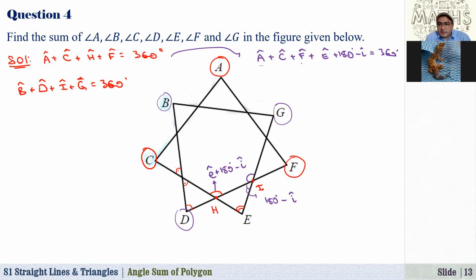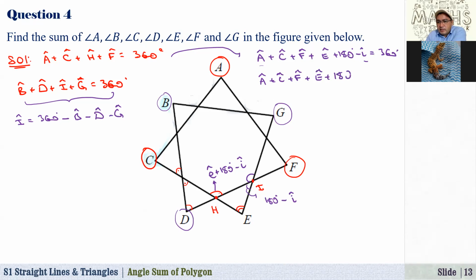And now I have ACFE, right? What is I? As you hear from this equation, angle I is equal to 360 minus angle B minus angle D minus angle G. So if you substitute there, because of this minus, what we have here is angle A plus angle C plus angle F plus angle E plus 180.